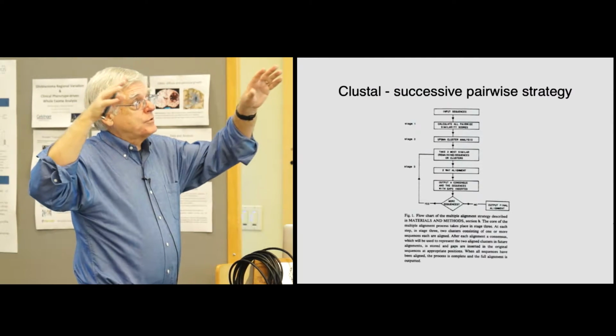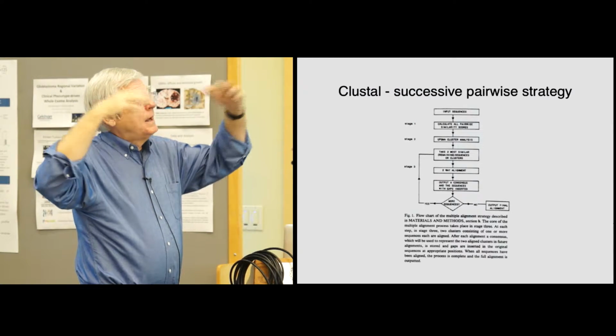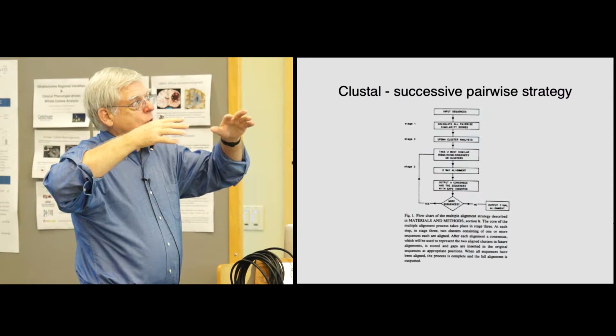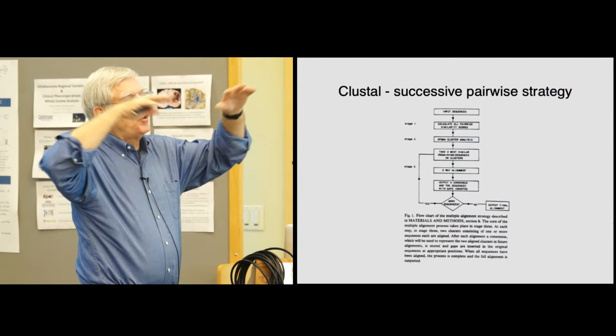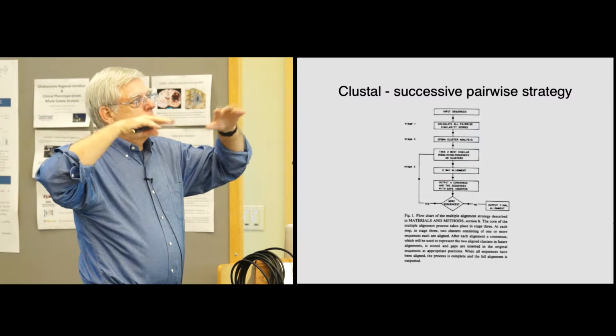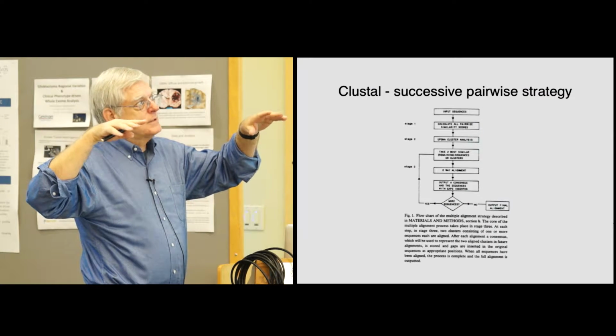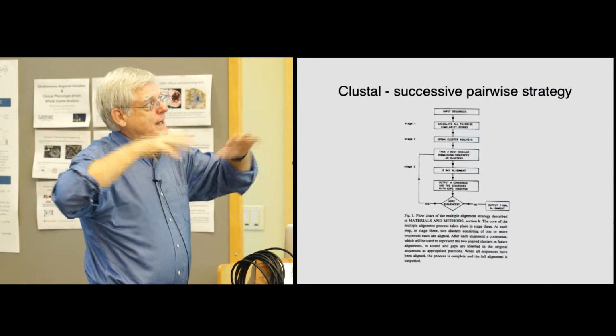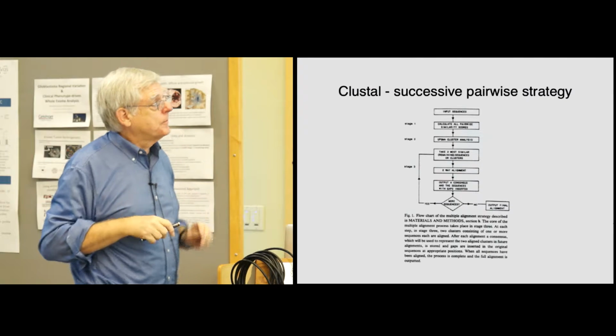That takes you down the tree one step, and then you do that again, merging things more and more. So you start out with a whole bunch of 2-sequence alignments, then you end up with 3-sequence alignments, and then you align the 3-sequence alignments to each other, and so on and so forth.